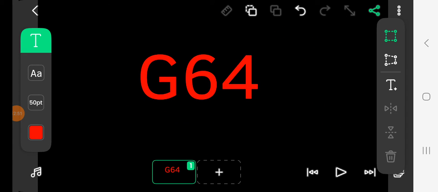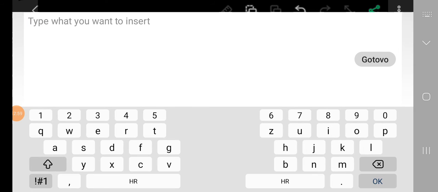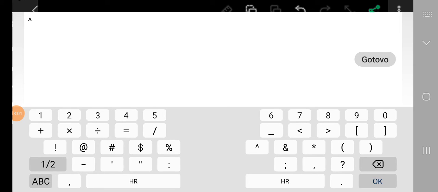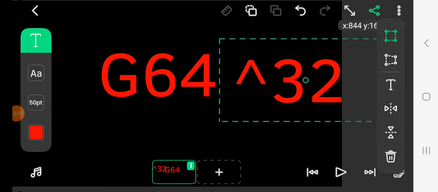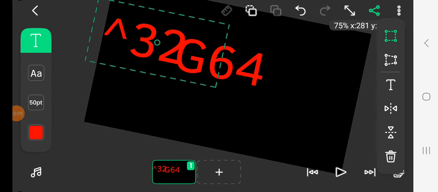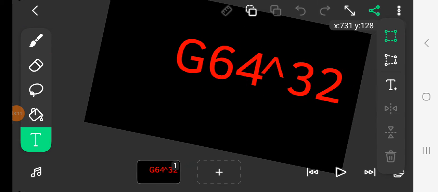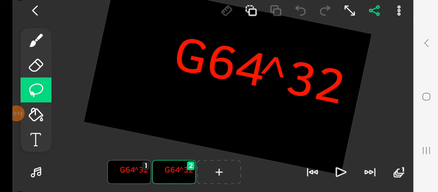Yep, that's how big this thing gets. Well, if we add G64 to the power of 32, I feel like we're gonna get the answer. We are gonna get the answer.